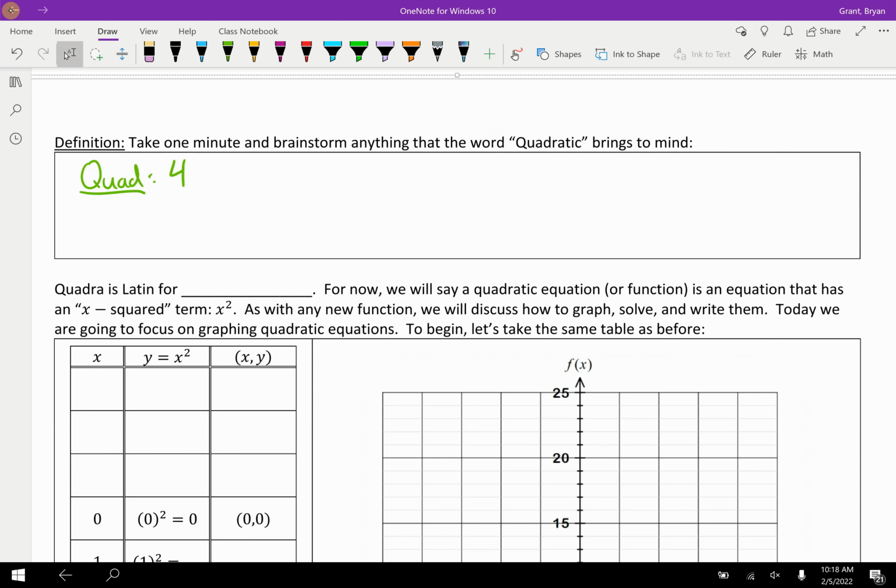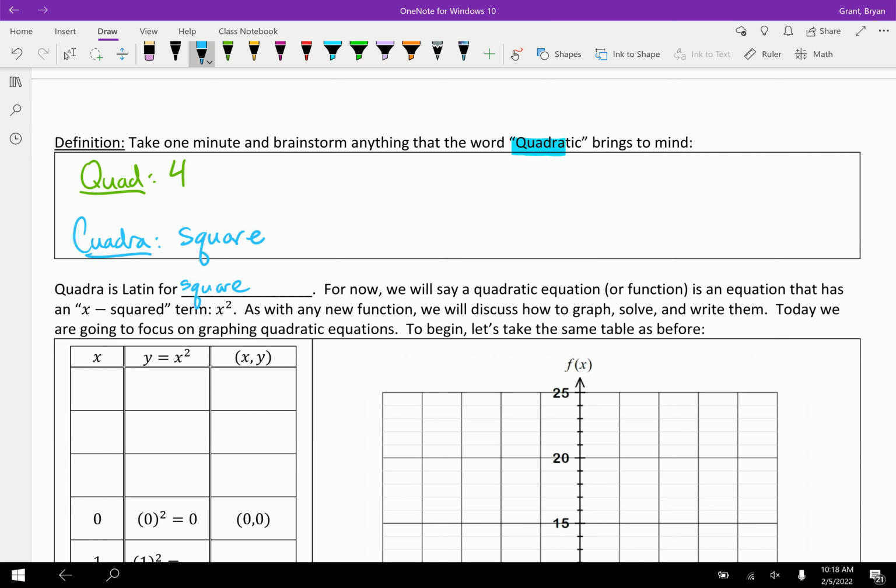For those of you that speak Spanish or another Latin-based language, if I write it like this and say the word quadra, do you remember what that means? Quadra in Spanish and most Latin-based languages actually means square. Sometimes you'll hear it used in directions too when they talk about blocks. They say cuadras. So we have square here. And in fact, quadra with a Q is Latin for the word square.